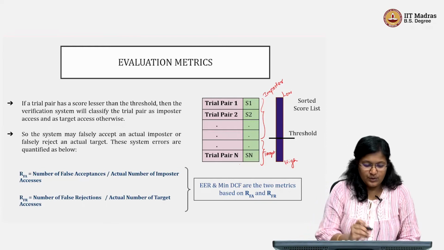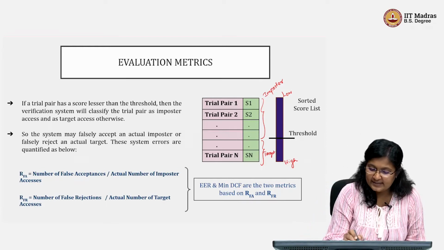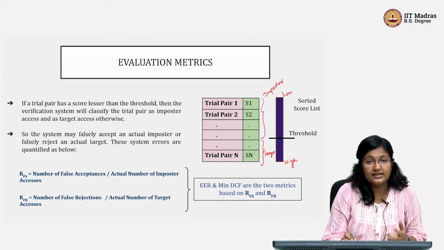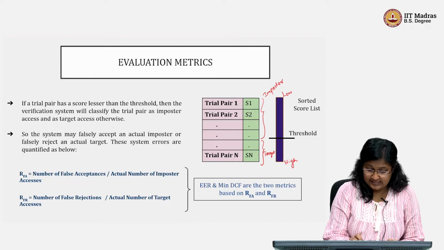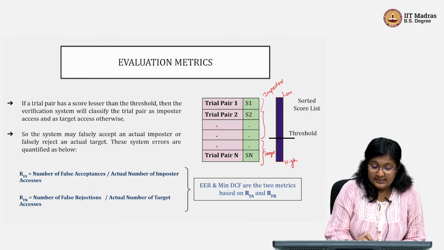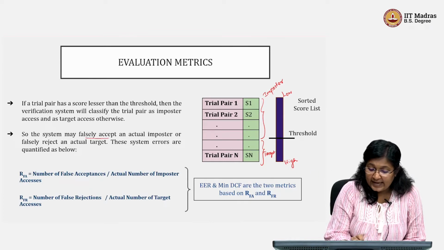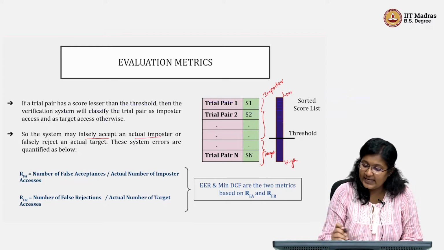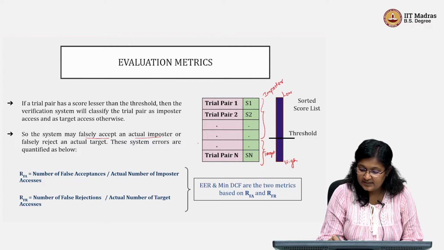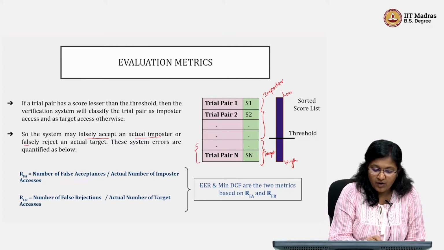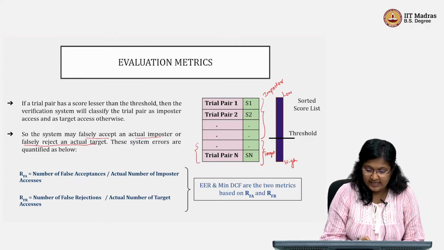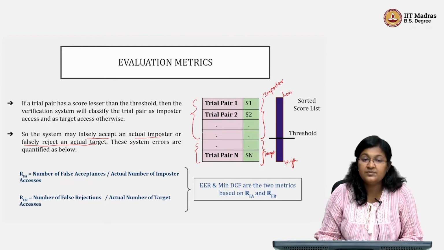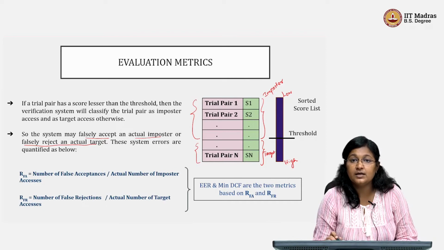If a trial pair has a score lesser than the threshold, the verification system will classify the trial pair as imposter access and target access otherwise, but it may falsely accept an actual imposter. This error happens in this region. Or it may falsely reject an actual target. This error is happening in this region. So these are the two system errors that are possible.